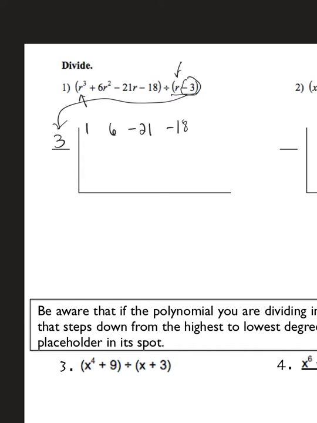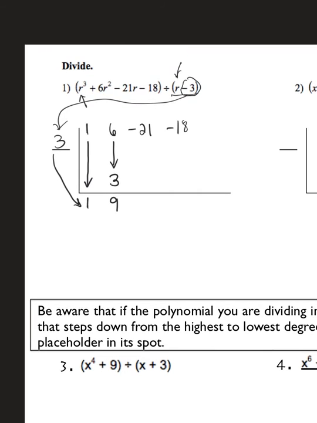The next step is to bring down the first number and place it on the bottom. Then I multiply it by 3. 3 times 1 is 3, and I put that right here. Then I add that to the next number: 6 plus 3 is 9.